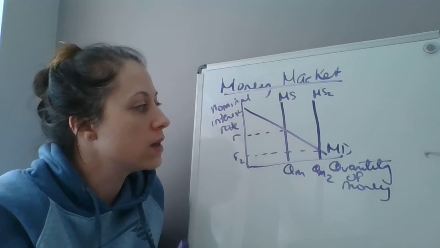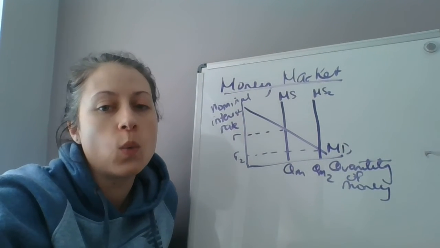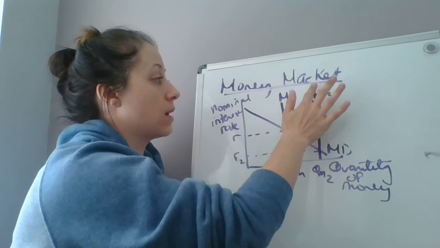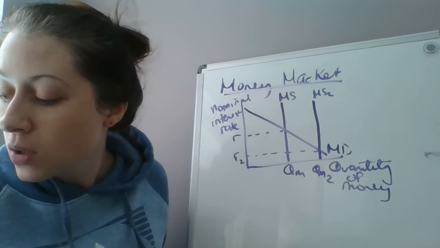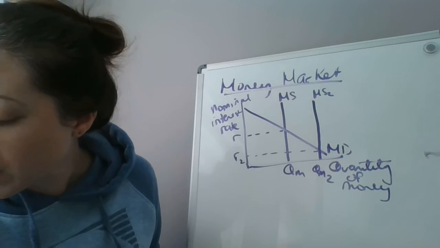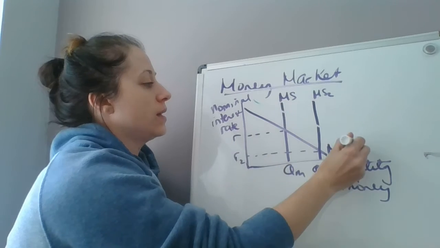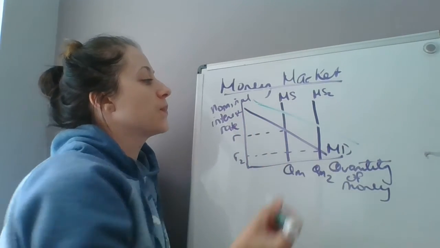And when you're figuring out in a question which curve to shift, you could very likely shift money demand instead of shifting money supply. So let me just grab a different color to make my life easier, right? So even if we had our initial money supply, well, that's a horrible marker.